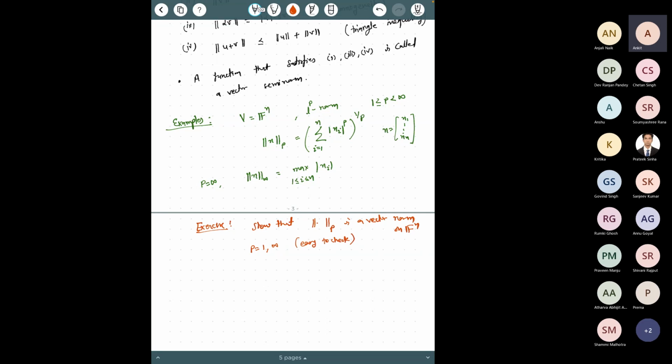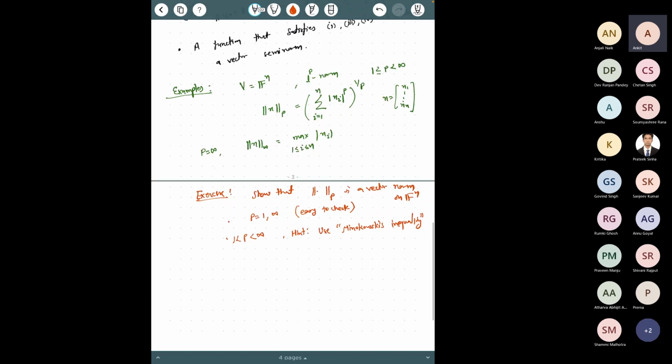And when p is greater than 1 and less than infinity, I'm giving you the hint that you use Minkowski's inequality to prove the triangle inequality. The other three properties are very easy to verify, but the last property is a bit tricky, and that also follows if you use Minkowski's inequality.